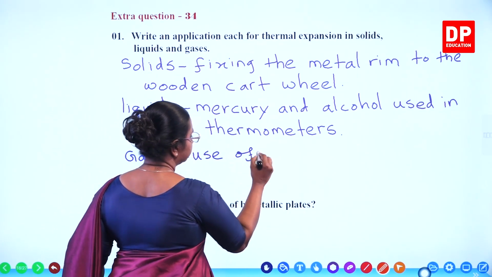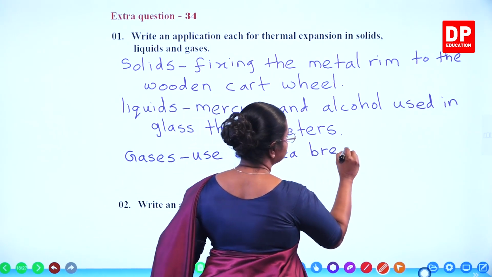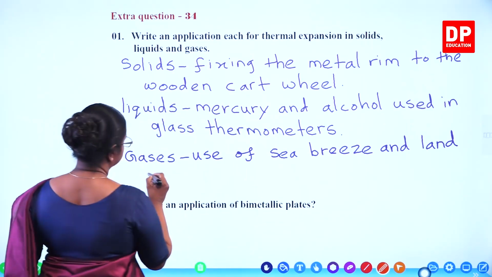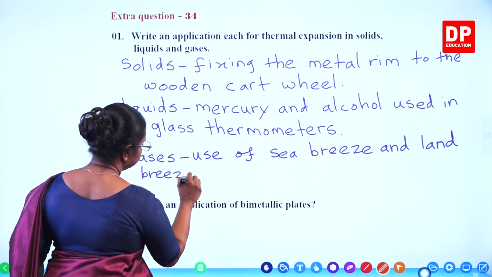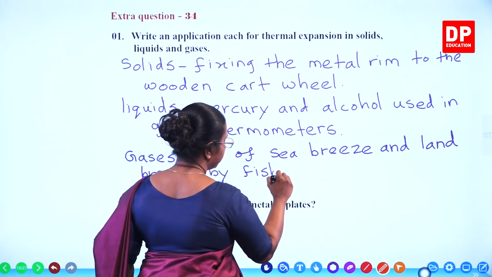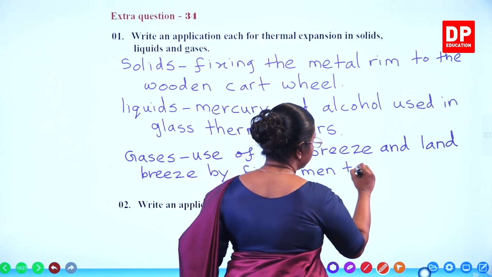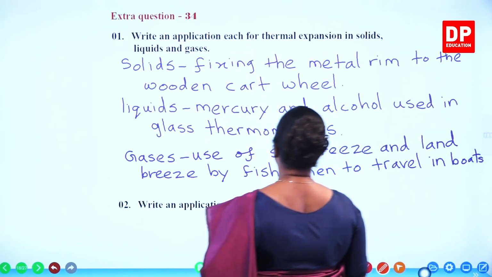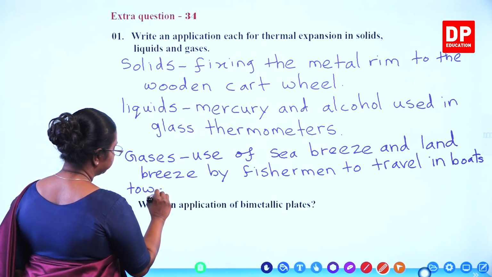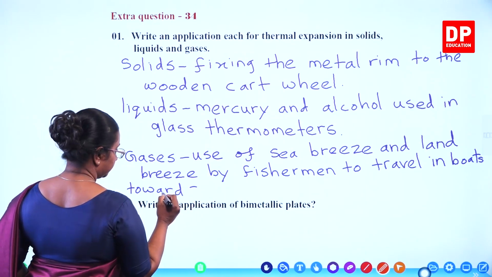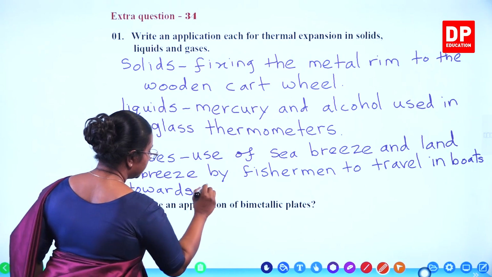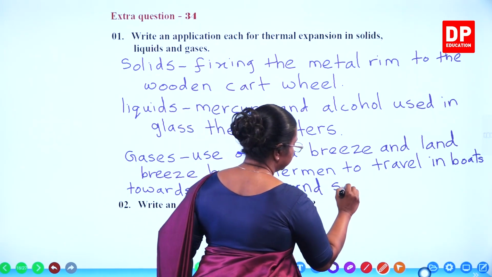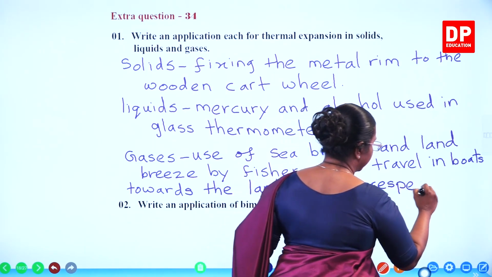Use of sea breeze and land breeze by fishermen to travel in boats towards the land and sea respectively.